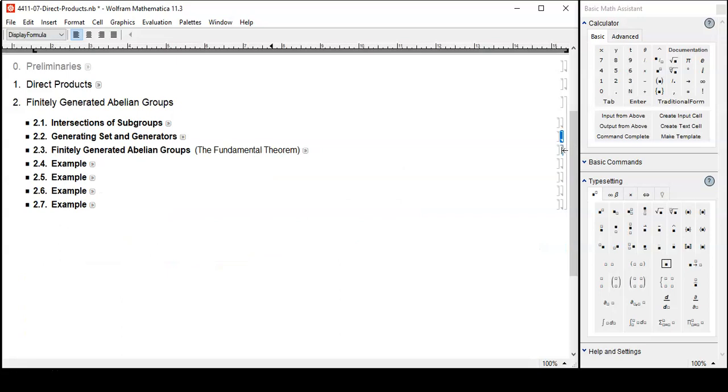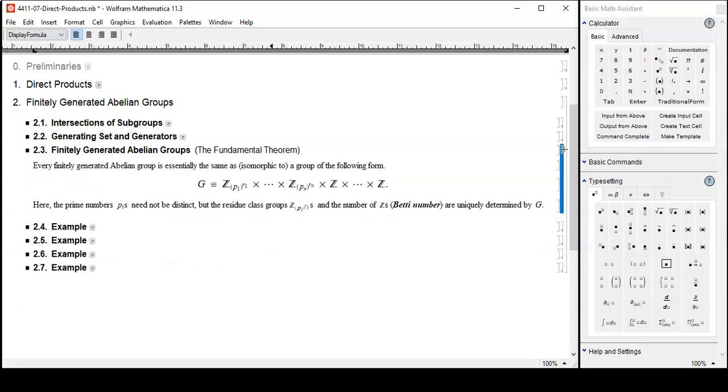As a result, we get a much simpler result, called the fundamental theorem of finitely generated abelian groups. I'm not completely sure how it is called, but I think it should be called the fundamental theorem of finitely generated abelian groups.